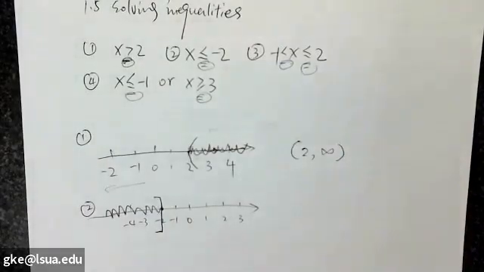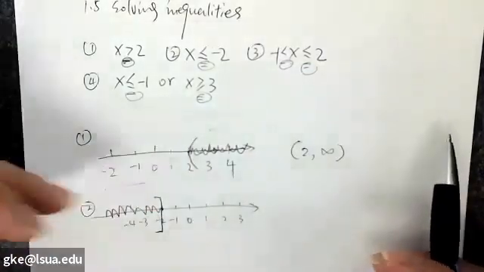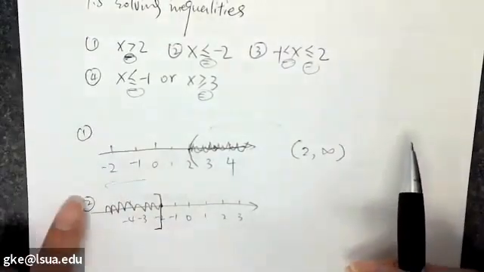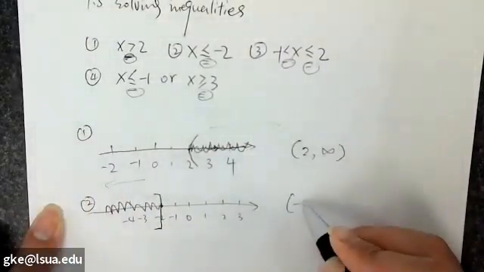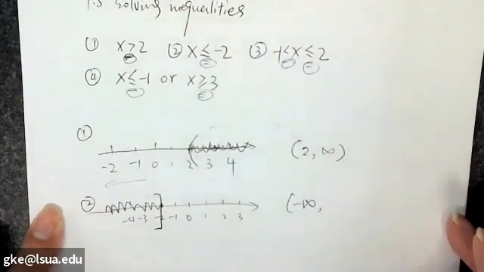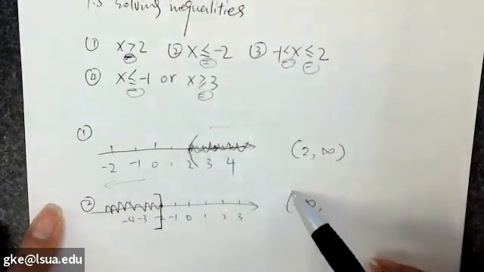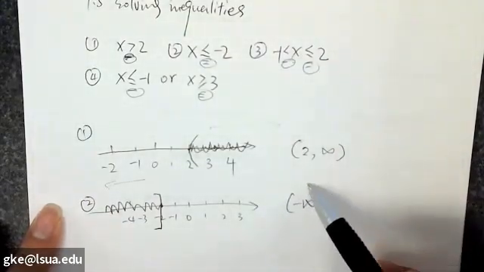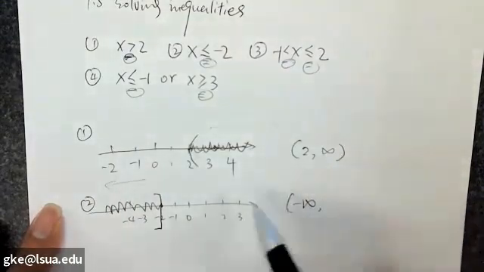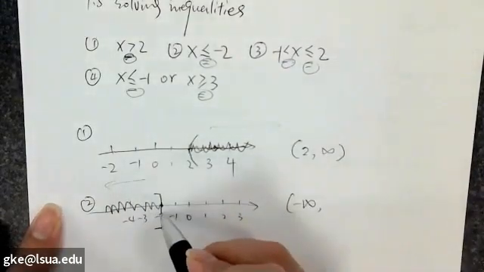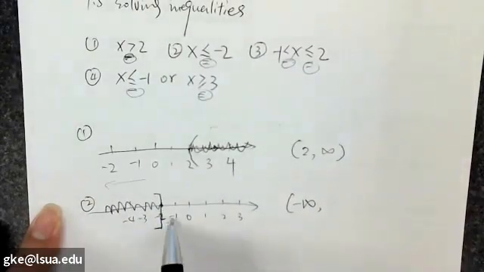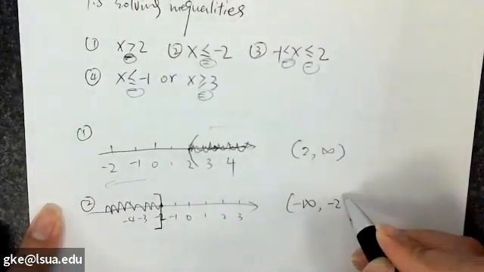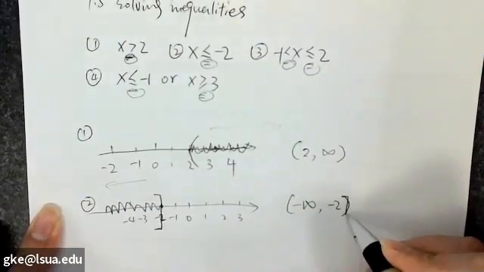Now, how do we write the interval format? It should start from the smallest, which is negative infinity. When you write negative infinity, always use the round bracket. And to the larger one, it should be -2, with a square bracket.